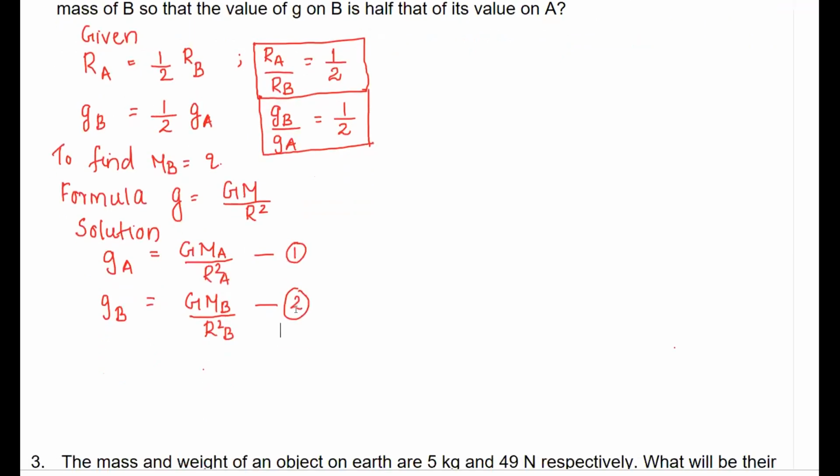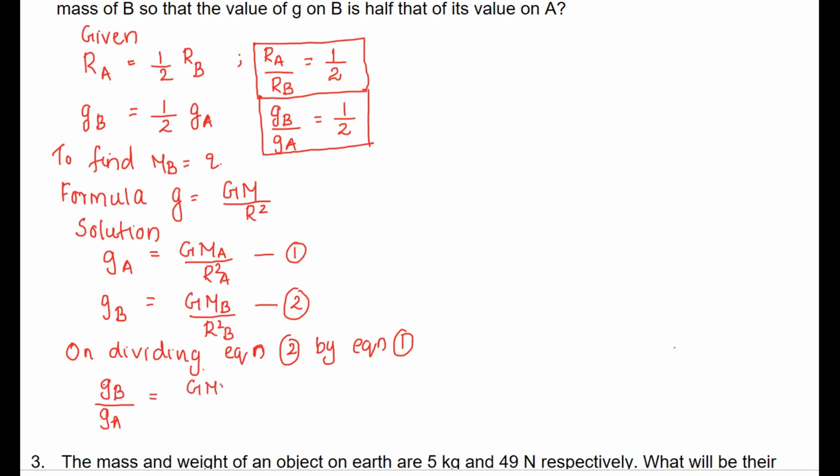Now, on dividing equation number 2 by 1, we will get LHS and LHS we have to divide, and RHS and RHS. 2/1, that is GB/GA is equal to GMB/rB² divided by GMA/rA².